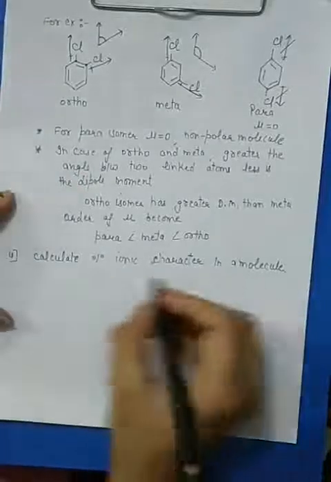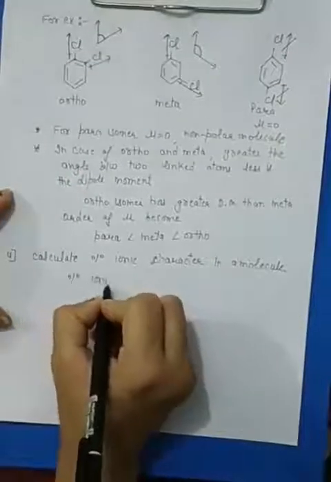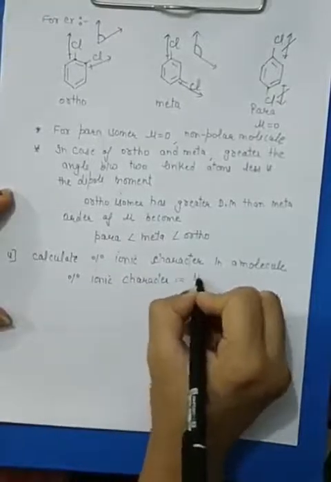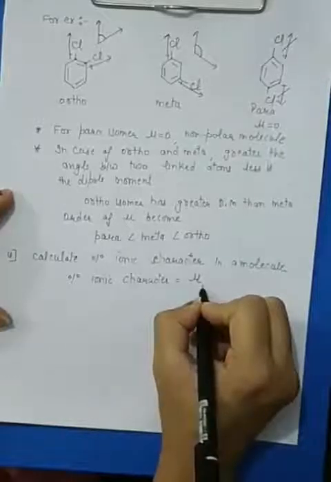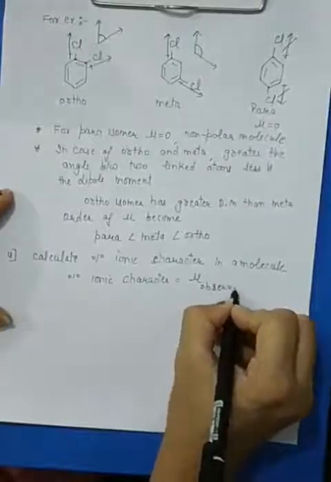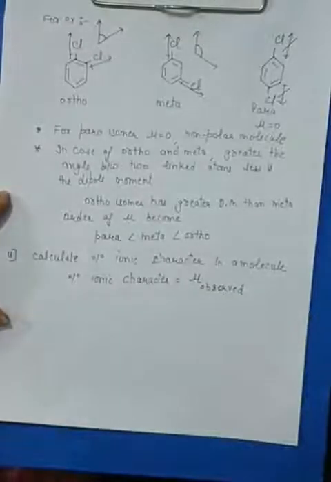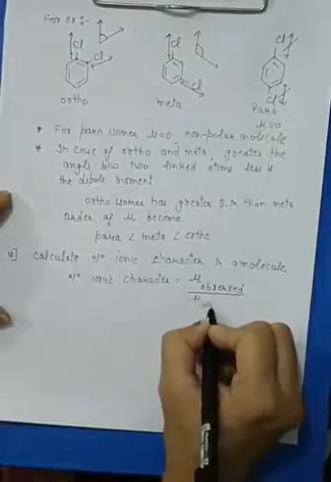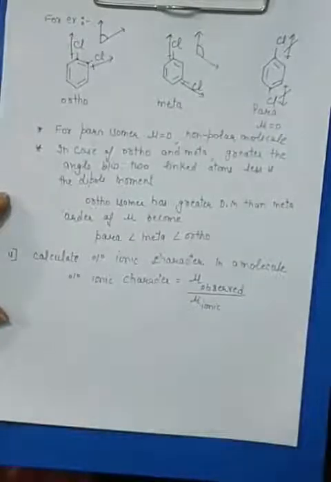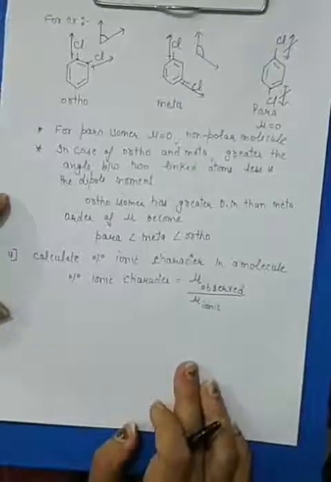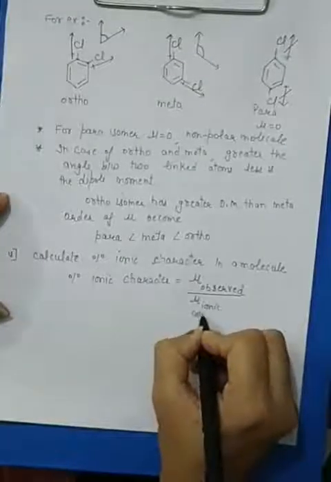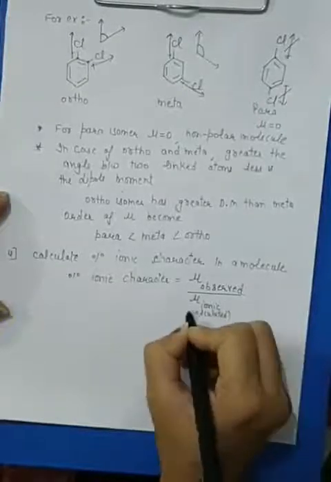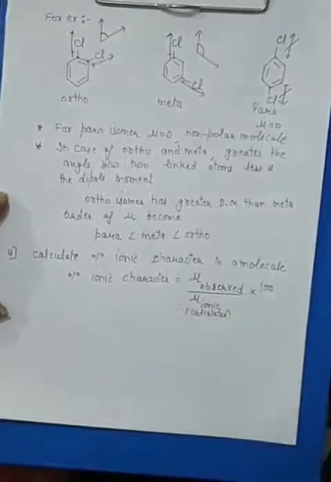So this percentage ionic character is equal to the dipole moment which is observed, divided by mu ionic, that is calculated by us, multiplied by 100.